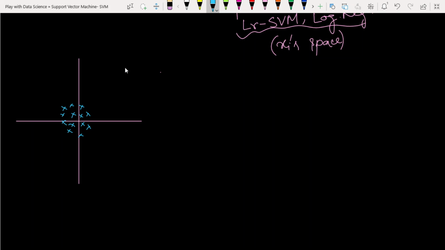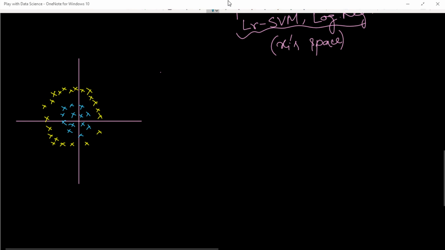Suppose one kind of data set looks like this, and another kind of data set looks like that. If you simply use a linear SVM or simple logistic regression, no hyperplane can separate it.